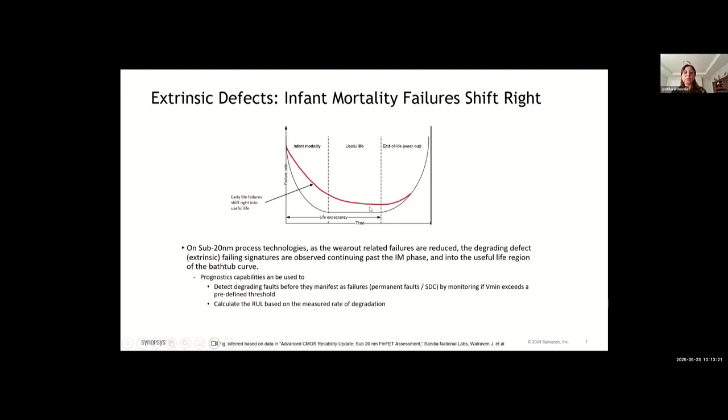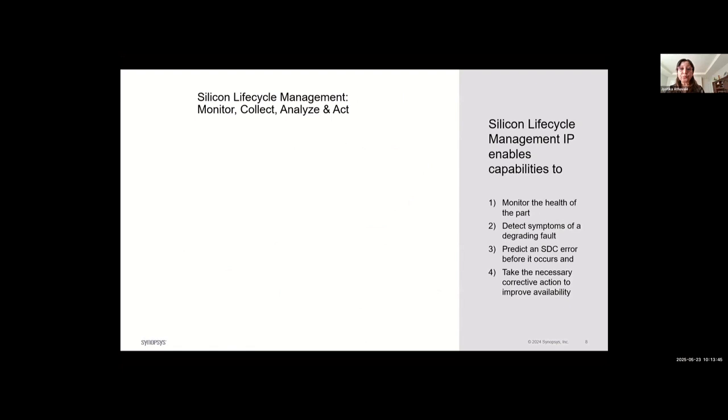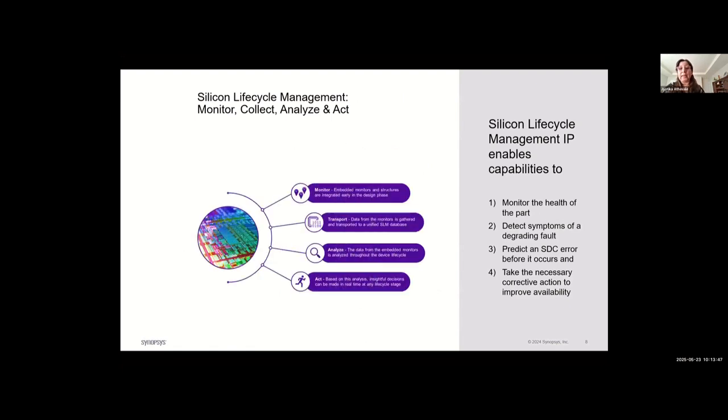So it becomes critical that we have those detection mechanisms to detect key parameters that are indicative of aging and degradation in the field, such as VMIN. Then we can take corrective action as needed if we detect an anomaly or find degradation that exceeds our predefined threshold.